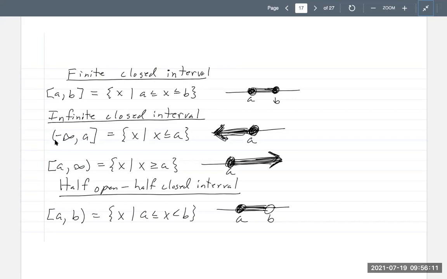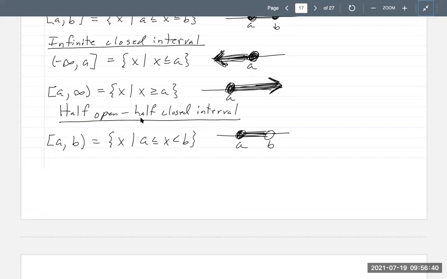We never include plus or minus infinity if we're dealing with real numbers. There's something called the extended real number line, but for real numbers, we never include infinity or negative infinity. This is just the set of all x's that are greater than or equal to A, so it's everything to the right of A, including A.